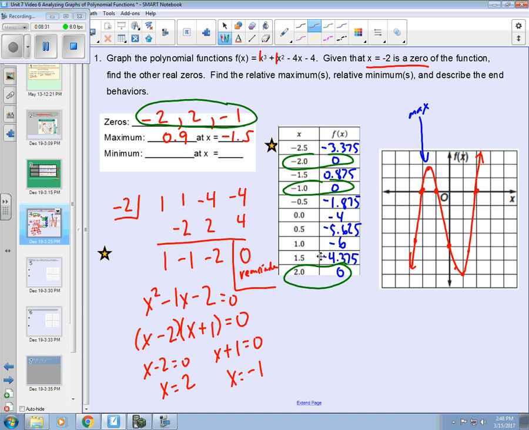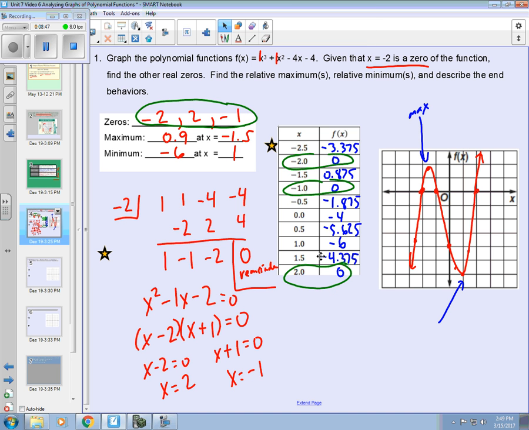Where's the minimum at? Looks like it got down to pretty close to negative 6. Okay, that's this point right here. And it occurred pretty close to 1. So once you got that, then you can fill those in.